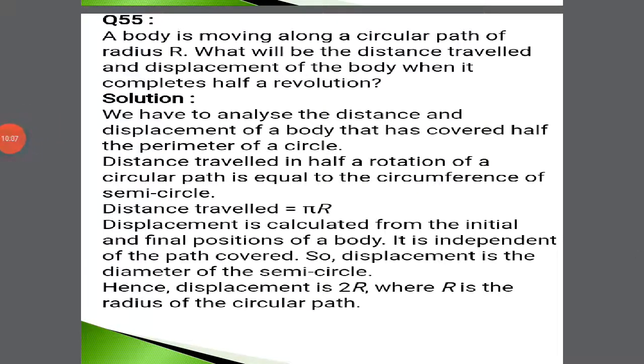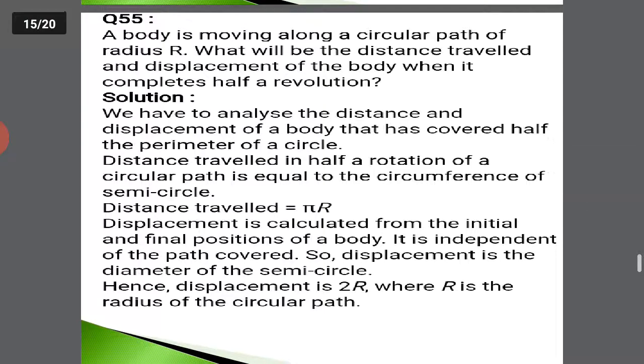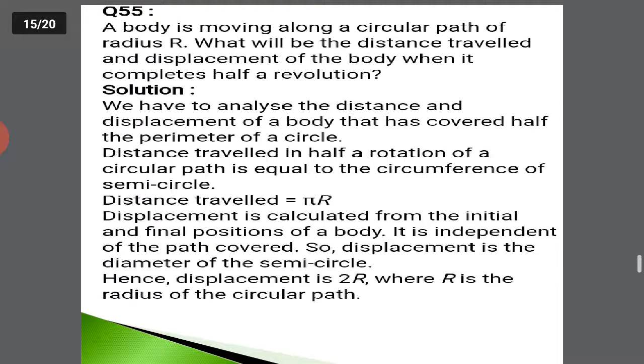A body is moving along a circular path of radius r. What will be the distance traveled and displacement of the body when it completes half a revolution? We have to analyze the distance and displacement of a body that has covered half the perimeter of a circle. The distance traveled in half a rotation of a circular path is equal to the circumference of the semicircle.